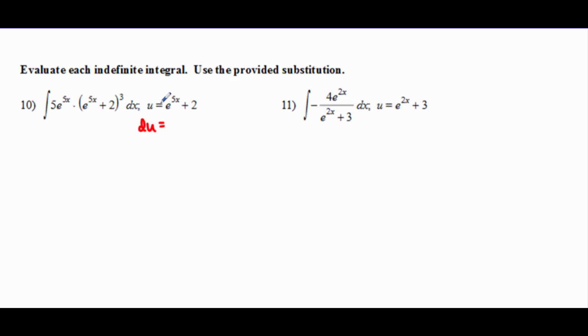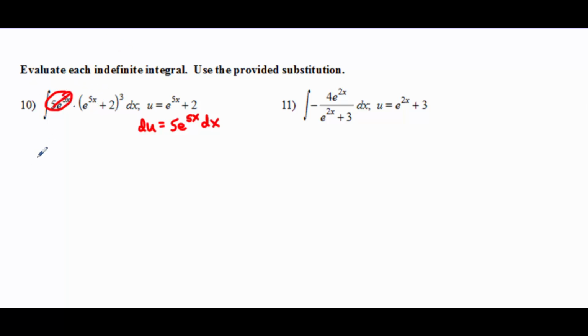Let's remember our derivative rules for things like e to the 5x. We have to do e to the 5x times the derivative of 5x, which is 5. So 5e to the 5x dx, which is what's in front here. And so that'll go away.